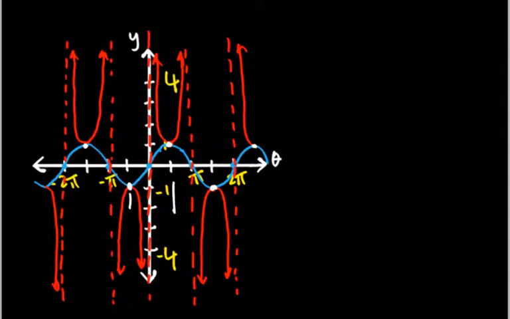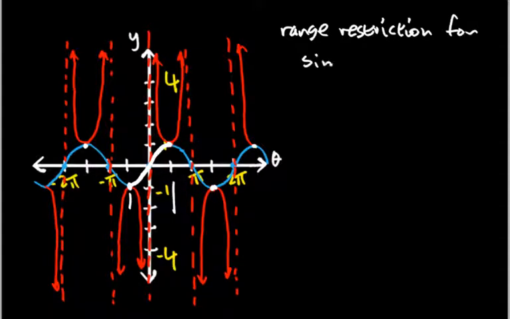The reason is that this part of the curve does cover everything, and it's just the most central one. By central, I mean closest to 0. So the range restriction for sine inverse of x is from negative pi over 2 to pi over 2.